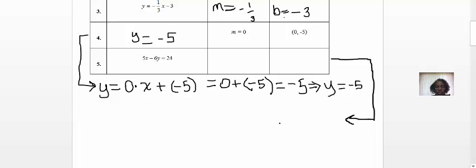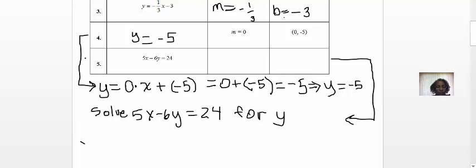All right, now we notice in this fifth equation, y is not isolated on one side of the equals. So what we're going to do here is solve this for y. In order to get our information, we have to solve 5x minus 6y equals 24 for y.